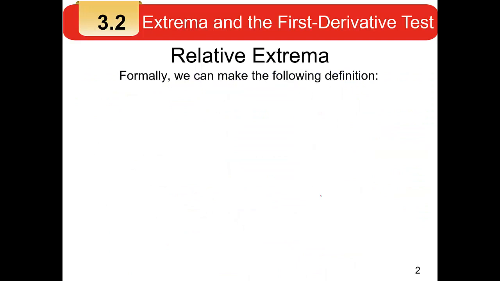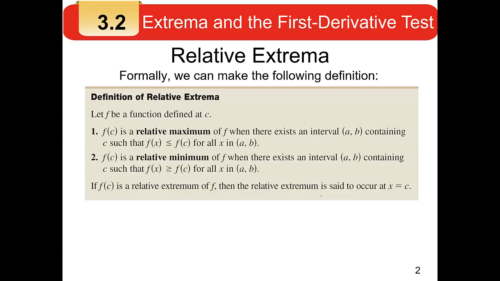I typically like to throw out formal definitions so we can refer back to them later, and most of the time you don't have to memorize these definitions. You simply have to understand what they're telling you, and it's nice to have the formality there to look back to when you need to refresh yourself on what they mean. In any case, the definition of relative extrema: if you have a function defined at some value c, an x value, then f of c is a relative maximum of the function when there exists an open interval a to b around c.